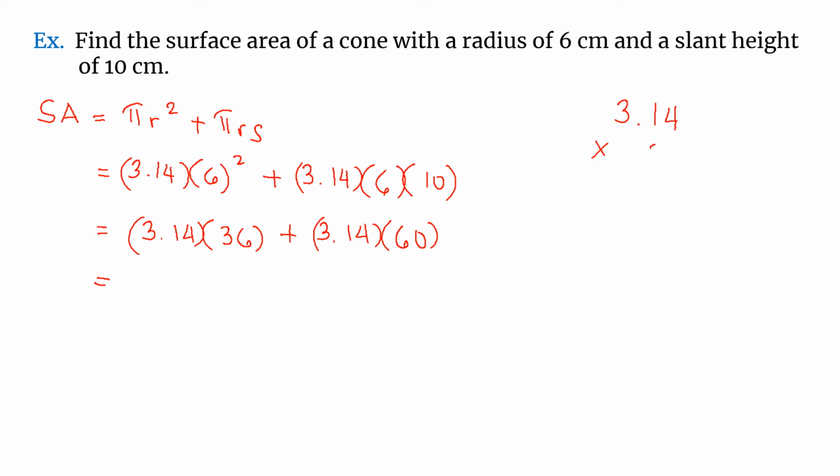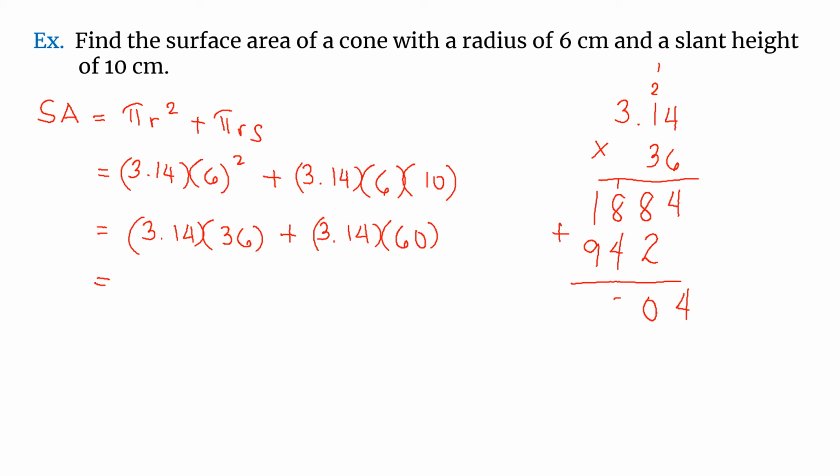3.14 times 36. 6 times 4, of course, 24, carry 2. 6 times 1 is 6, plus 2, it is 8. And 6 times 3, 18. Next, we have 3 times 4, it's 12. Carry 1. 3 times 1 is 3 plus 1, 4. 3 times 3, 9. Then time to add, bring down 4. 8 plus 2 is 10. Carry 1. Plus 8 is 9.